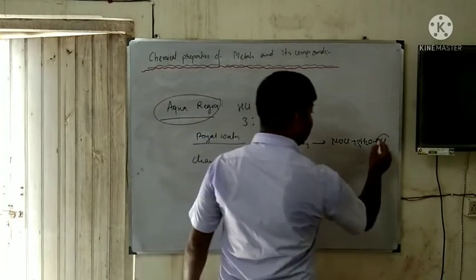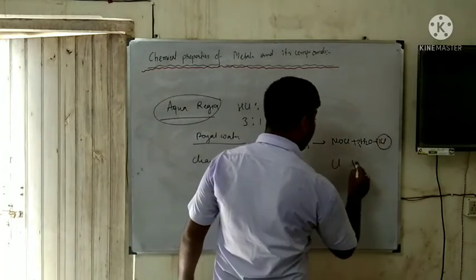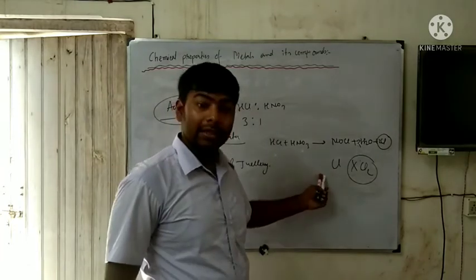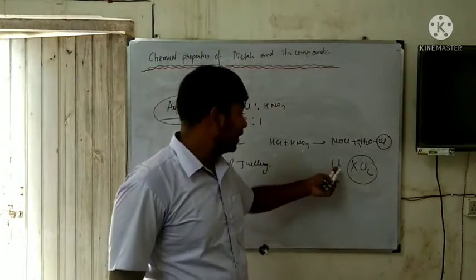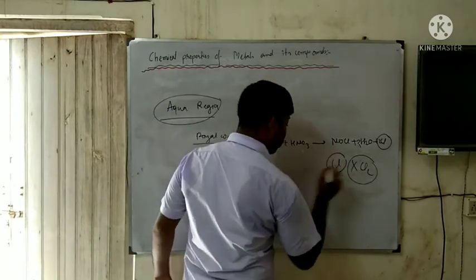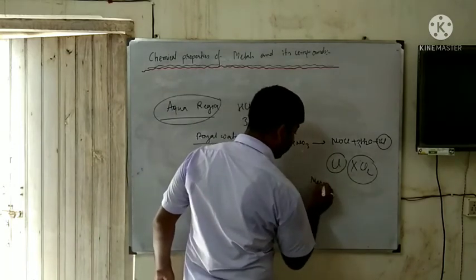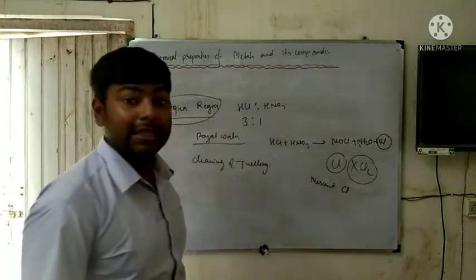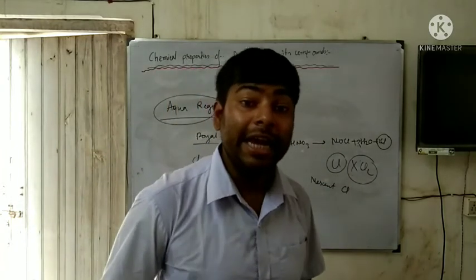This Cl is a single Cl, not Cl2. Remember, this is Cl, not Cl2, and this type of single Cl is known as nascent chlorine, or nascent Cl.